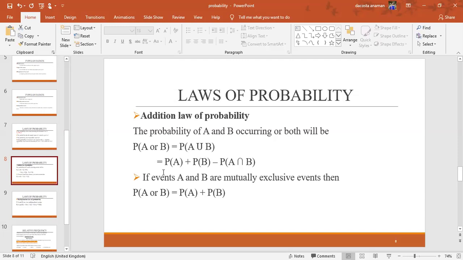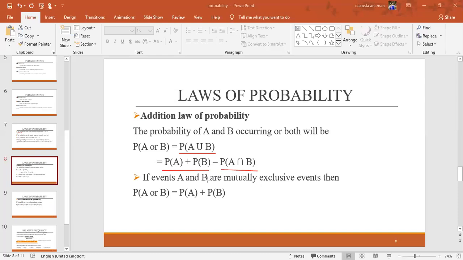So that will be the probability of A occurring plus the probability of B occurring, because you are saying that either A will occur or B will occur. So you have to add those two, minus the probability of A and B occurring. Since we have the probability of A and B occurring, it means that if A and B occur at the same time, we will be double counting. Because A is occurring, B is occurring, and we are adding them together, we will have the same union here.